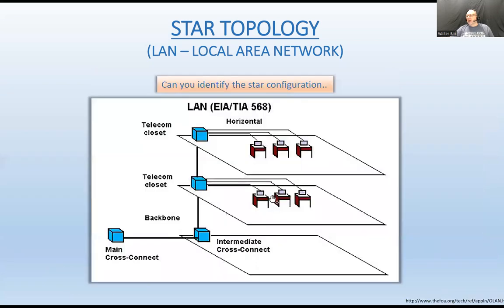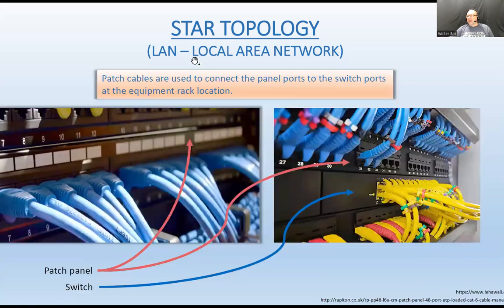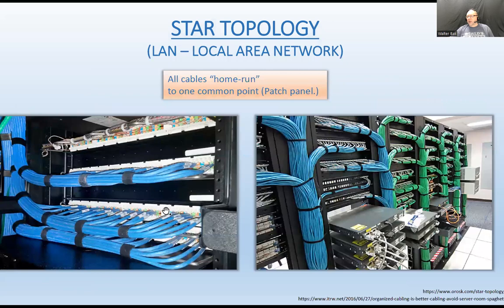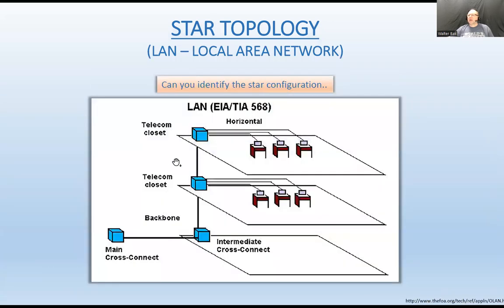All right. So remember when I said, star topology is the most common physical wiring configuration considering horizontal network wiring. Okay, what's horizontal network wiring? All right. So here is some kind of a concept diagram of a network being wired. You have floors. Here's the ground floor. Here's another floor, first floor. Here's a second floor.